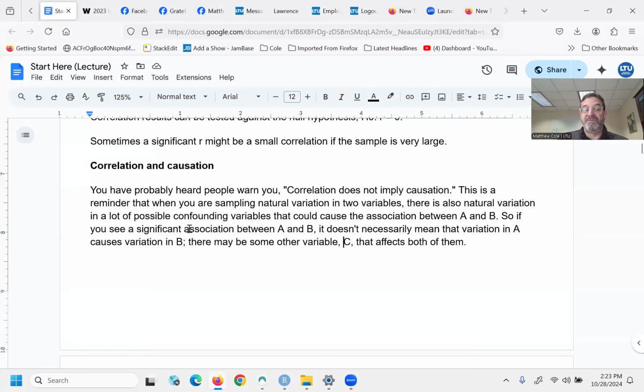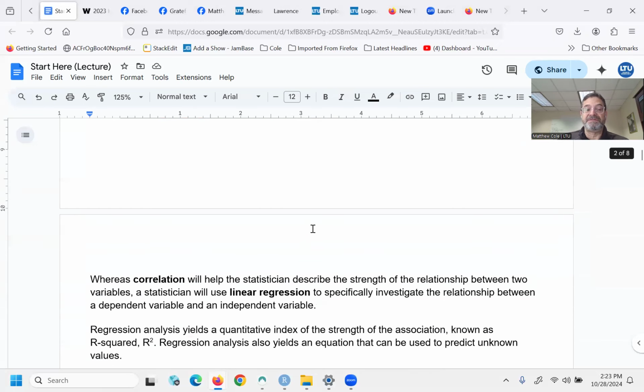And this variable C is what we call the confounding variable. The word confound means to sort of disrupt.